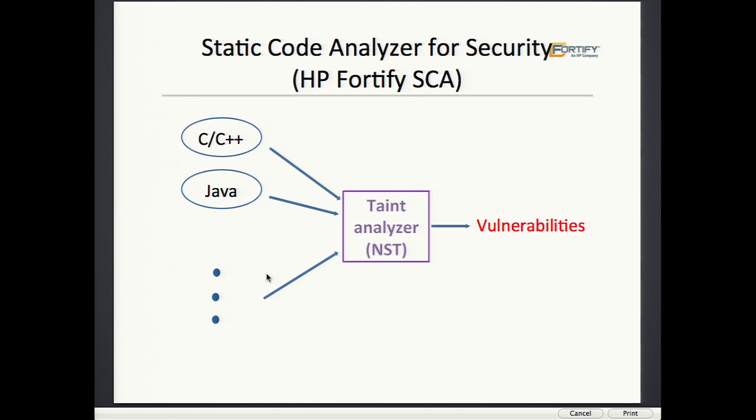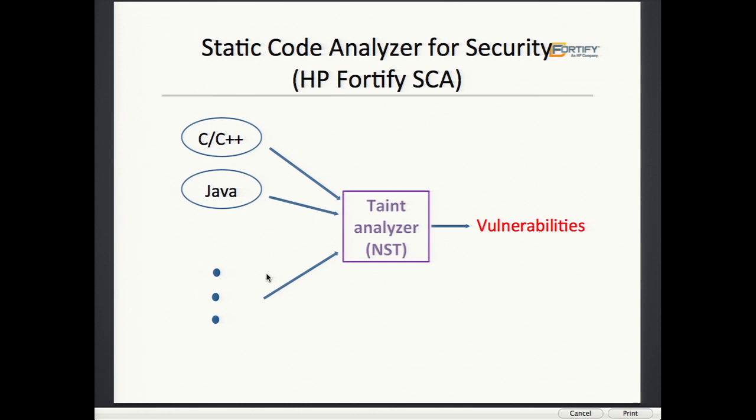Because this kind of tool, security analyzers, uses static analysis, it has a general structure that's similar to most compilers. Take the example of HP Fortify SCA. It has a bunch of front ends, and each front end translates source code into a common representation, which I call the normalized syntax tree in this talk.